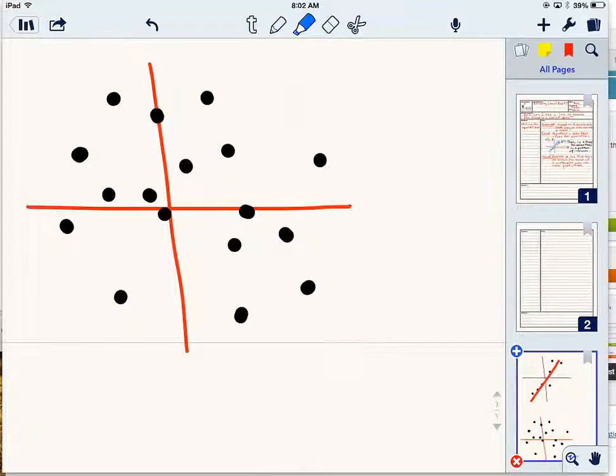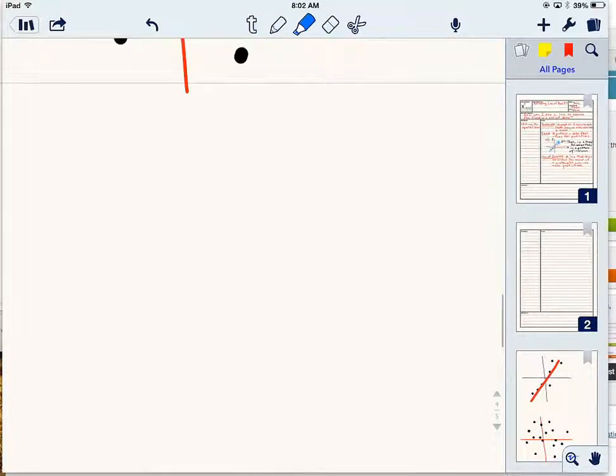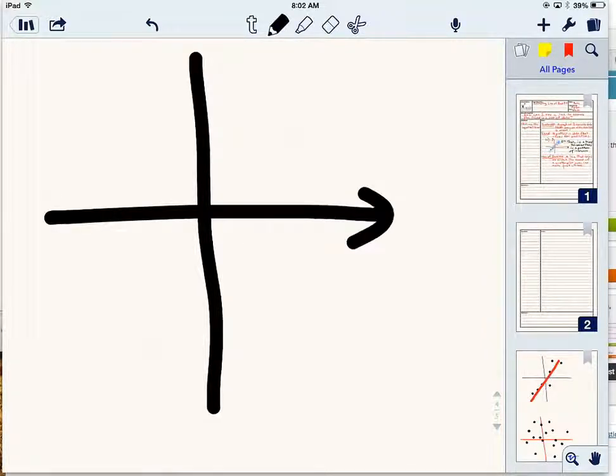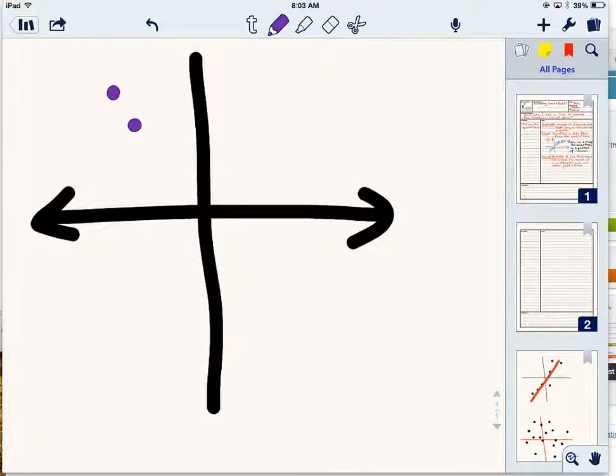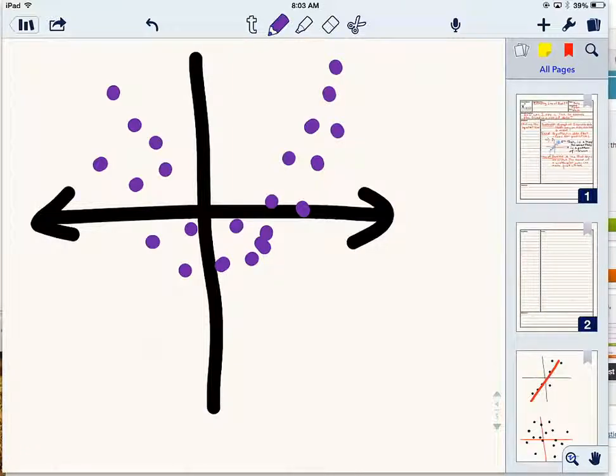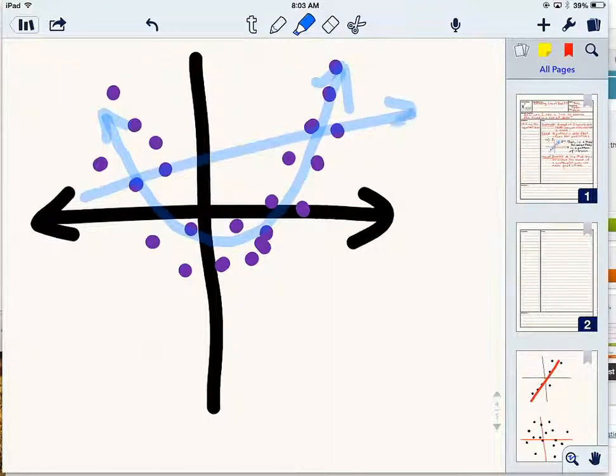The second kind is one in which there will be a pattern, but that pattern will not be one that a line will fit. Here I can see that there is a pattern that would allow me to make predictions. There's a trend, but it turns out that trend is a curve, so there's no line I could fit to this that would match it well. Again, there's no line that fits the data well.